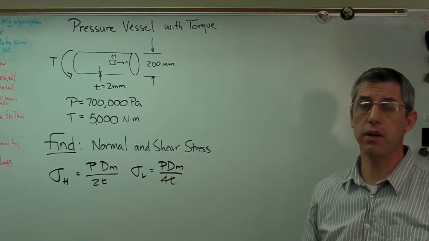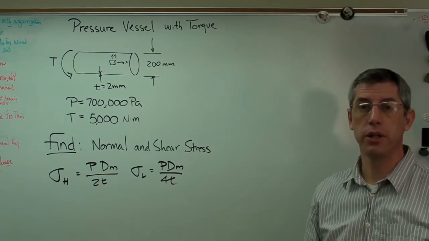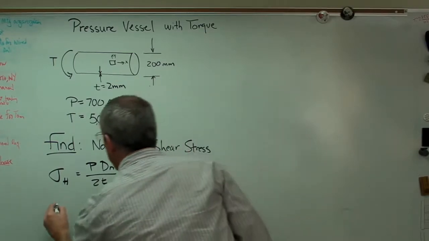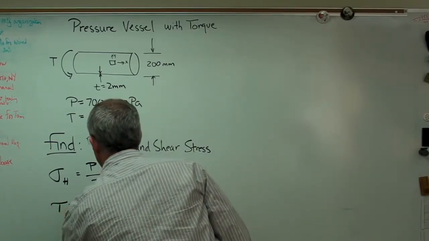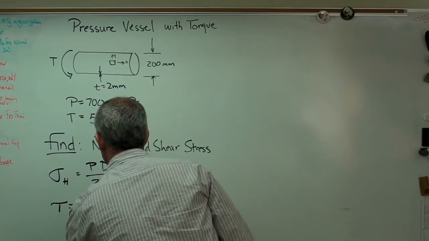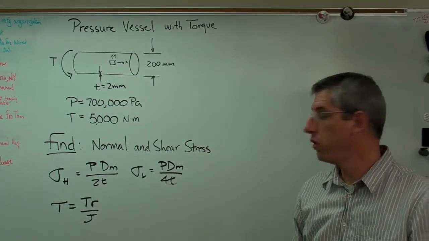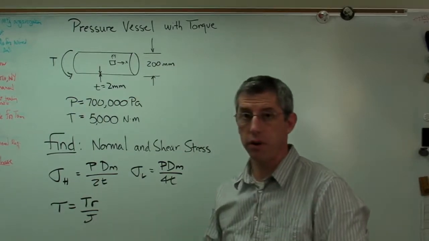The last thing we need to know is an expression for shear stress due to this torque. Shear stress tau equals torque times R over J, where R is the radius to the outside of the tube and J is a moment of inertia.